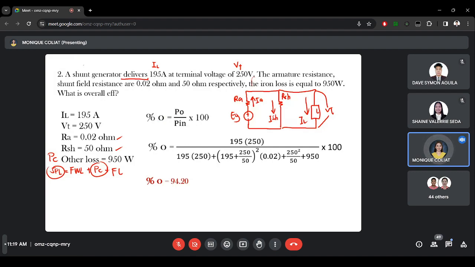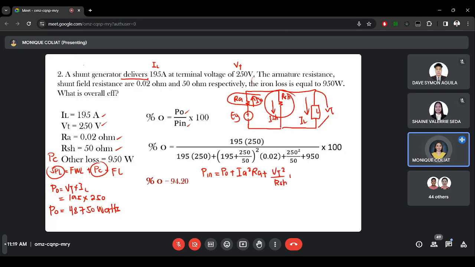To get IA, from this circuit, IA is equal to ISH plus IL. What is ISH? VT over RSH. What is IL? PO over VT. It is repetitive, so you will memorize it.